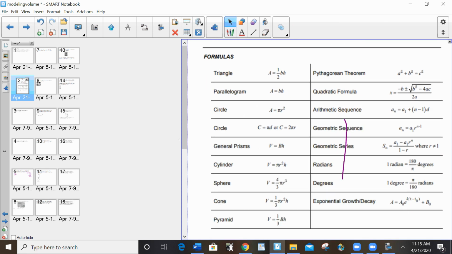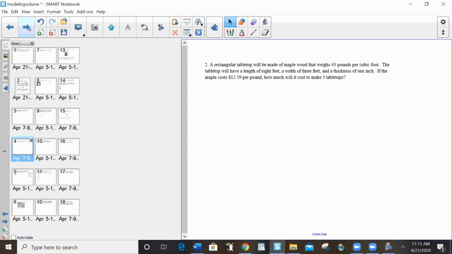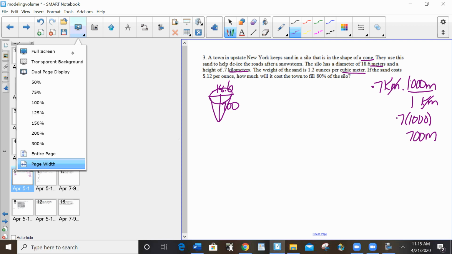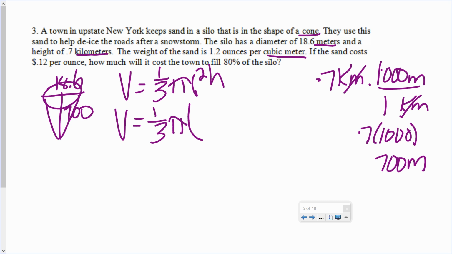My cone is 1/3 pi r squared h. So V equals 1/3 pi r squared h. V equals 1/3 pi. The radius is half of the diameter, which is 9.3 squared. The height is 700.